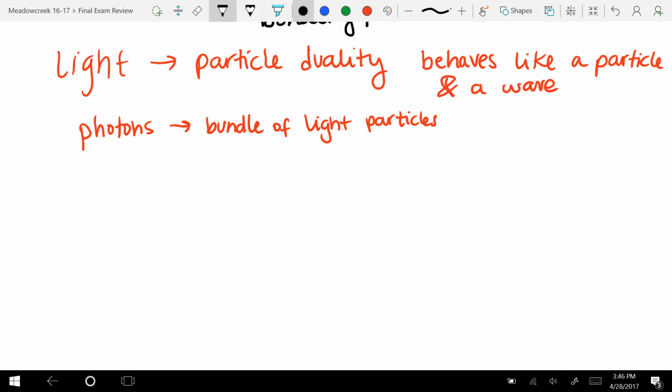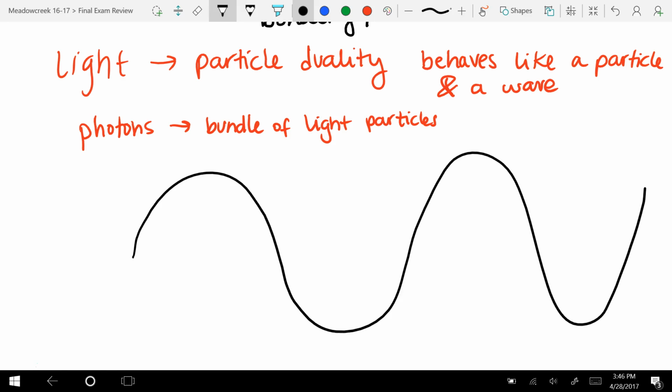Before we can really talk about it, we have to talk about the parts of a wave. So a wave looks like this. It's symmetrical. Now, mine is not, but that's because I'm not a very good artist. But we're going to talk about a few different things. The top of the wave is called the crest. The bottom of the wave is called a trough.